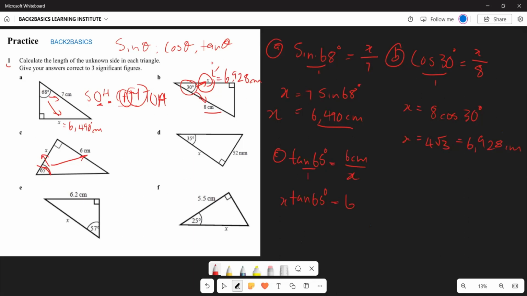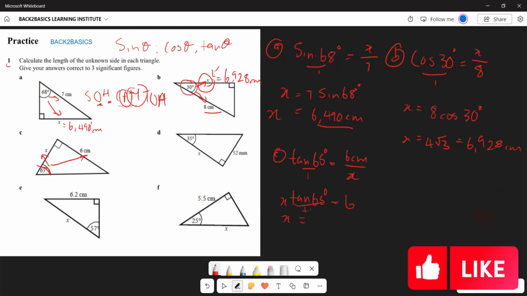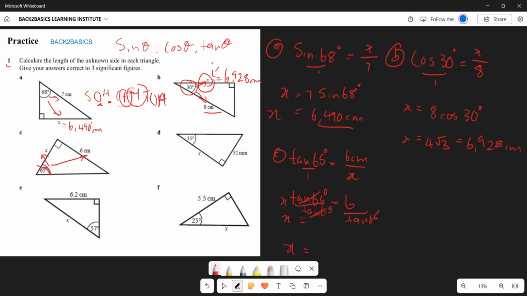Now, from here, what are you then going to do for you to find your x? Your x is going to be given by what? You're going to divide by tan of 65 degrees here, and also divide by tan of 65 degrees here, so that these two are going to cancel, right? So your value of x is going to be 6 divided by tan of 65, right?